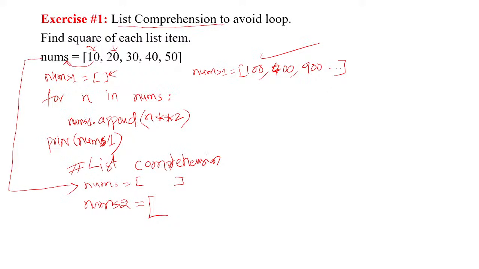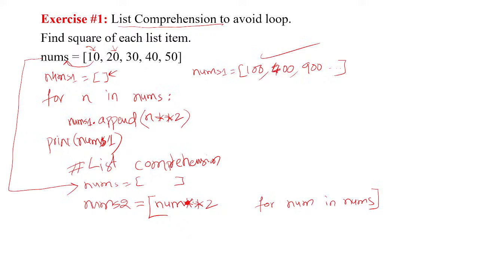For that, you can use a loop here, same: for num in nums. This loop supplies each value of num here. This num squared value I want. So nums2 is nothing but the square of this num.